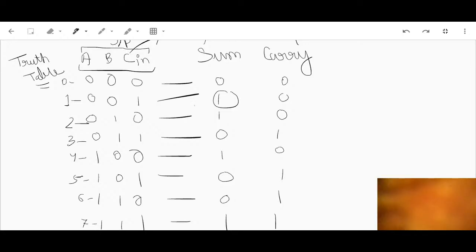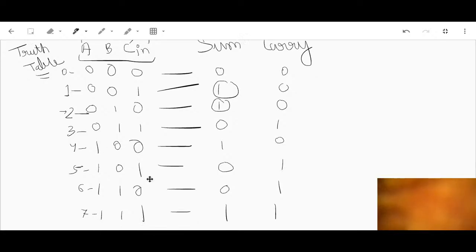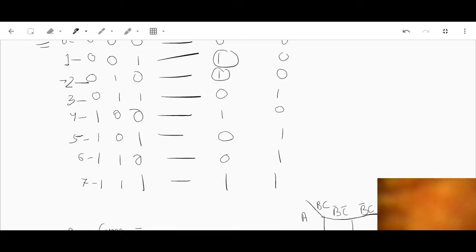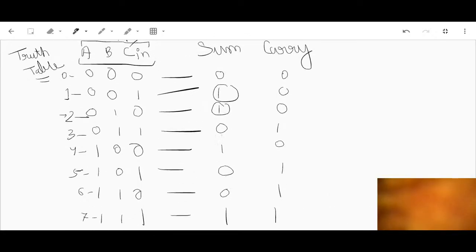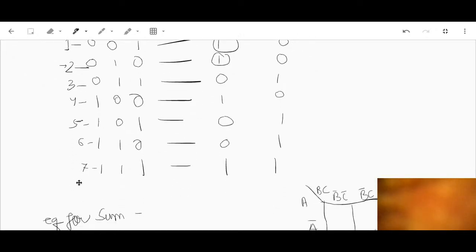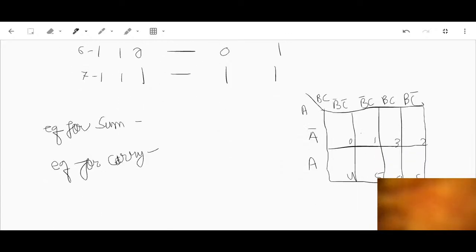So this will be in front of 1, and this one it will be in front of 2, this will be in front of 4, and last one will be in front of 7. So let's write 1 1 1 1 in the place of 1, 2, 4 and 7.